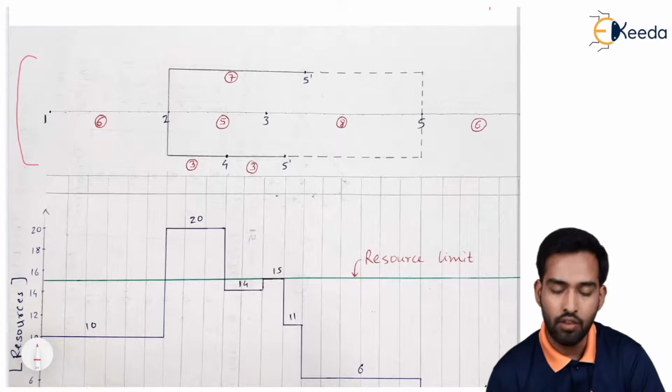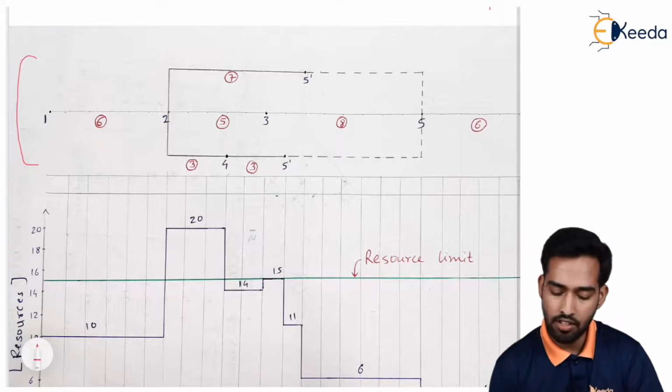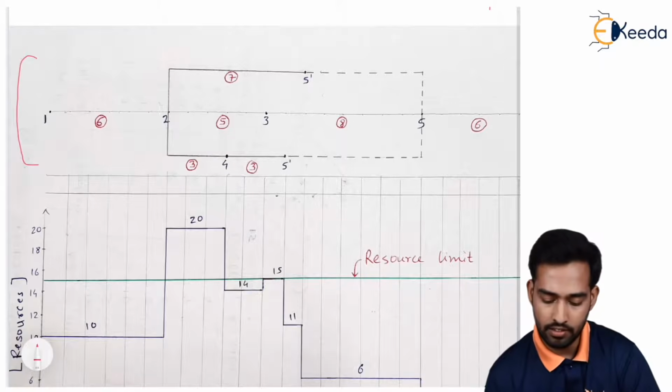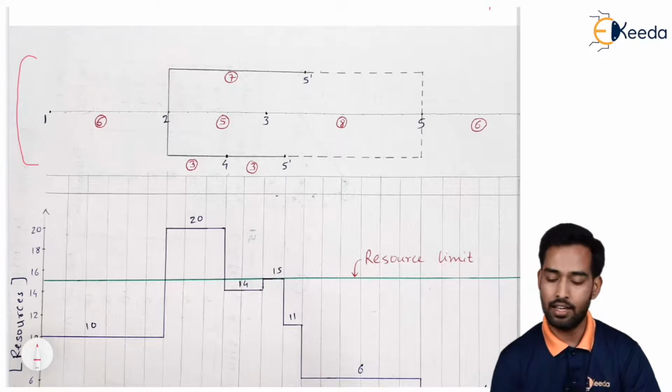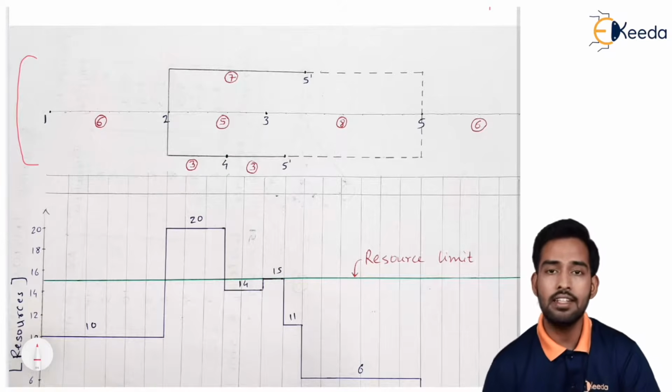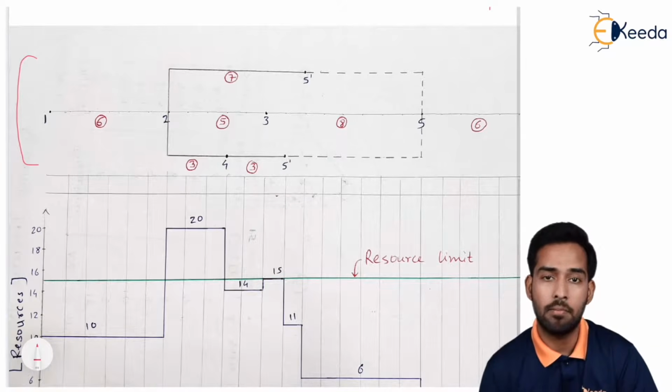For 2, 3 we have 5 days. For 2, 5 we have 7 days, and for 2, 4 we have 3 days. After completion of the 4th and 5th activity, we have 4, 5 that is 3 days and 3, 5 that is 8 days. As you can see, the dotted lines represent total float available.